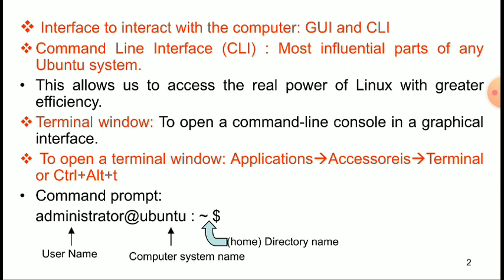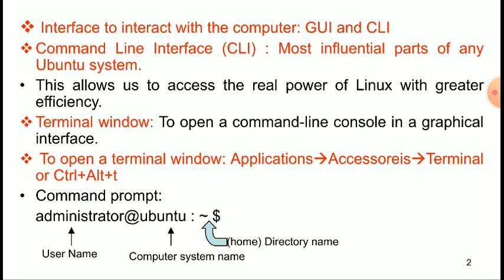First is the administrator, that is the username, @ Ubuntu, that means the computer system name, and then tilde and dollar. Tilde is the home directory name. Once the window is clearly visible, you will see a blinking cursor preceded by some letters, numbers and symbols ending with a $ sign.